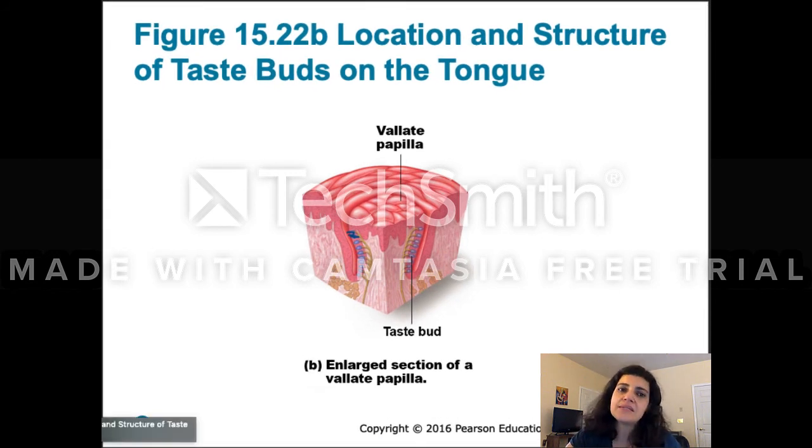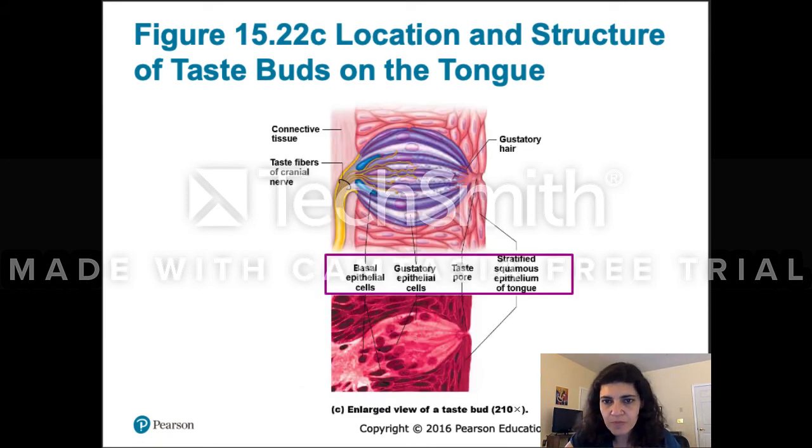Remember that 80% of your taste, I think it's 80%, comes from smell. So when you can smell, these neurons are connected. And when you can't smell, you also taste much less.